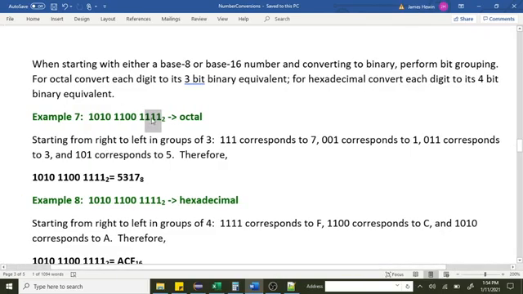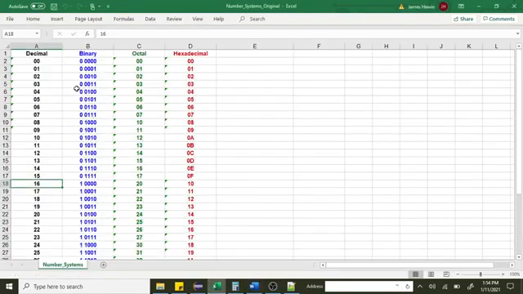So if you look at these 3 bits right here, 111 corresponds to 7. If you go back to this table, a binary 111 corresponds to octal 7.